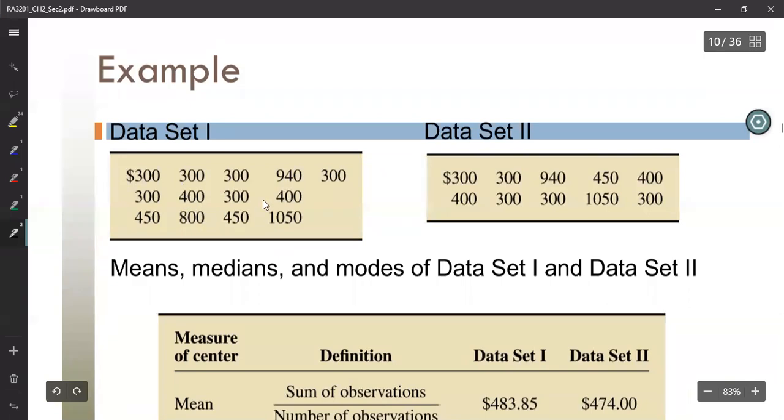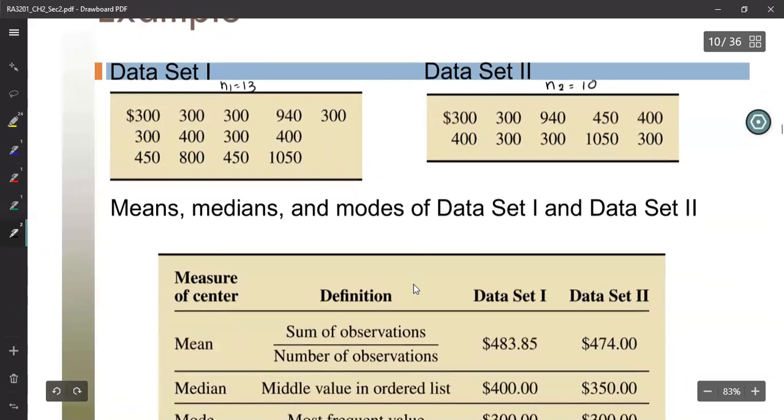In the first data set there are 13 observations, so N1 is 13, and in the second data set N2 is 10. Now you have to find the mean, median, and mode of these two data sets.